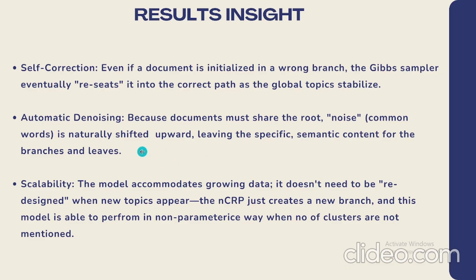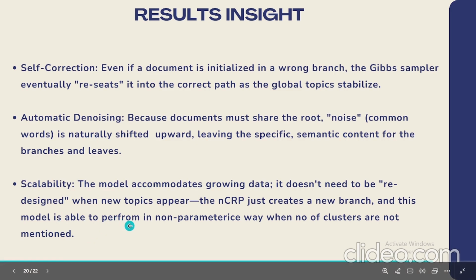Apart from that, our model also performs automatic denoising, which is shifting the noise or the common words to the root. Then we have infinite scalability. The NCRP grows with the data. We have no restriction that new data should follow the topics which were present earlier.